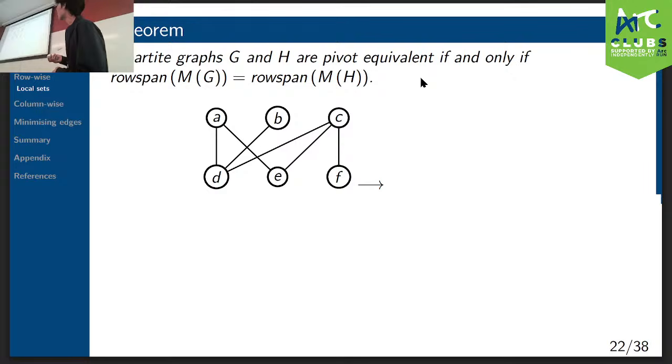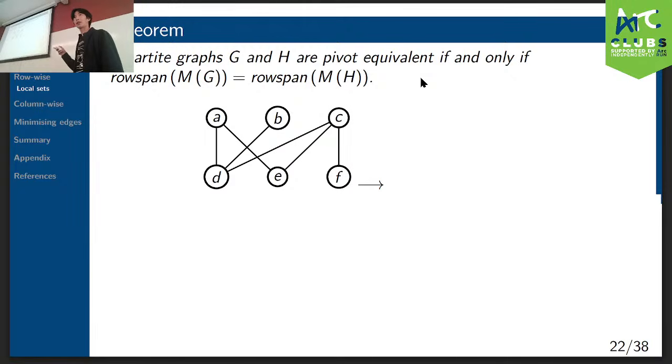Cool. Now, there's a theorem that we're going to prove: bipartite graphs are pivot equivalent if and only if they have the same row span. So a vector is in one of the row spans if and only if it's in the row span of the other one. And based on the previous remark, this actually refers to local sets as well.